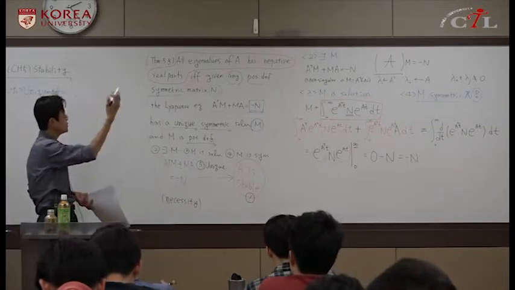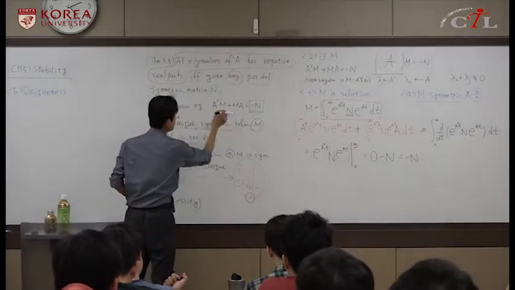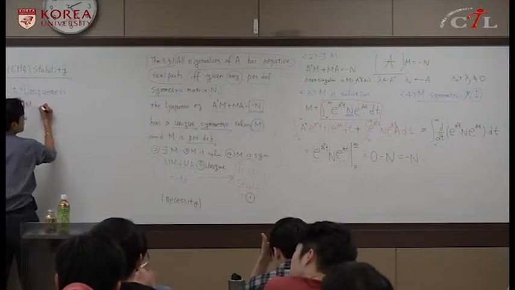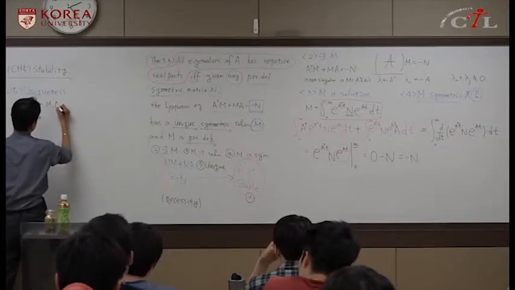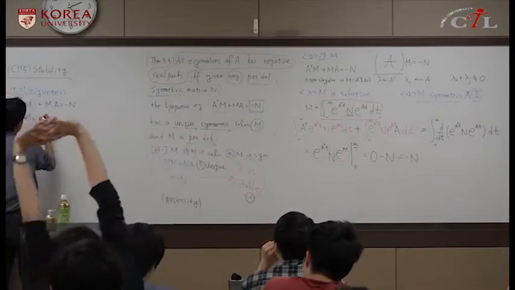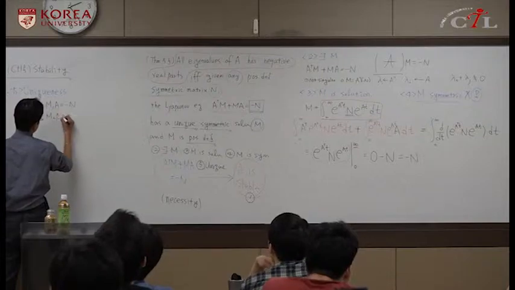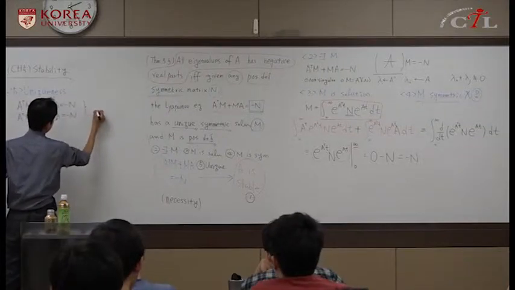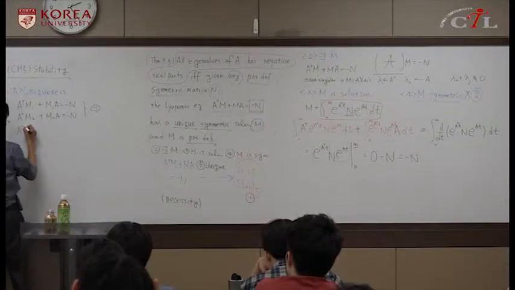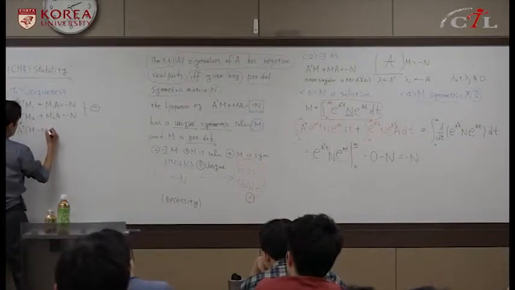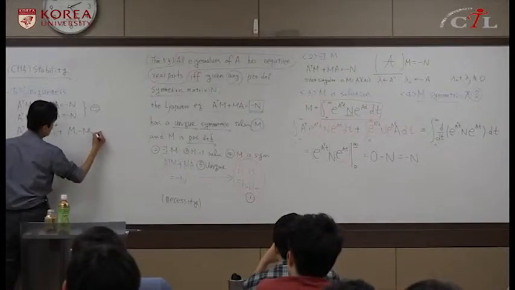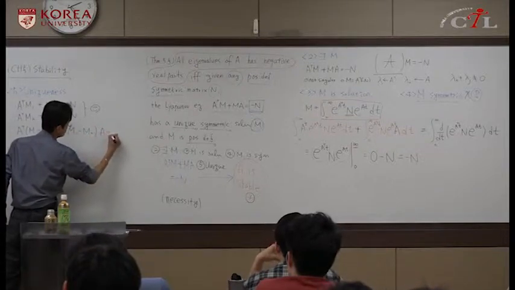Let's assume that there are two solutions, M1 and M2, that satisfy this equation. M1 for the given N, and another solution, M2. Then we may do the subtraction of those two equations. Then it will give A transpose (M1 minus M2) plus (M1 minus M2) A equal to nothing.